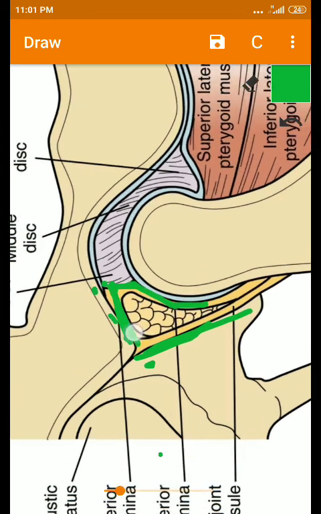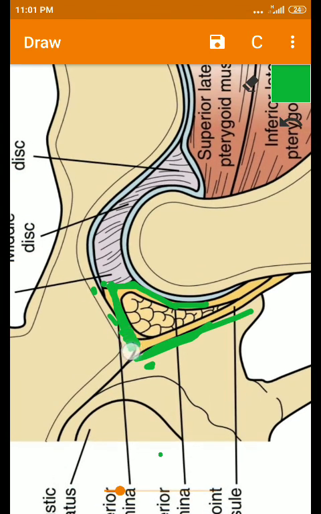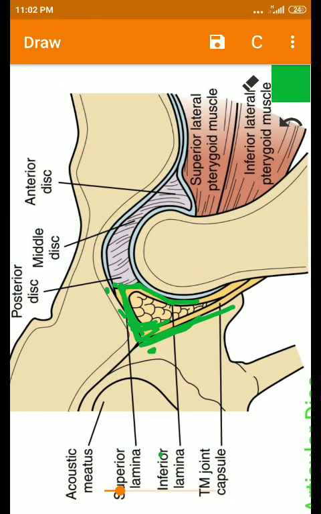Actually, here this joint capsule is present, which is present inside. We know that this is the posterior mandibular fossa, and inside you will have this tympanic plate.